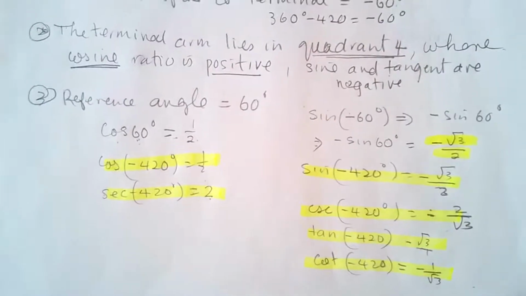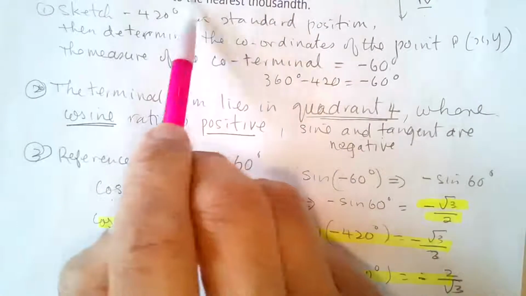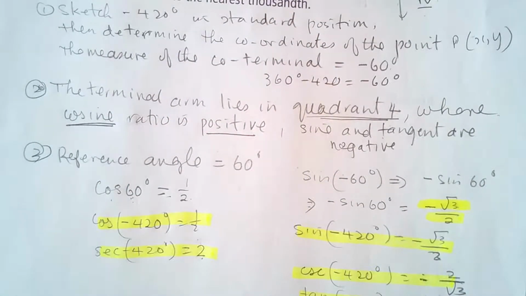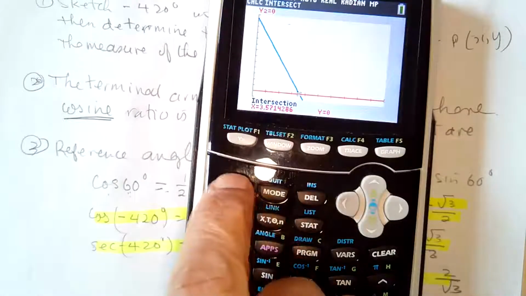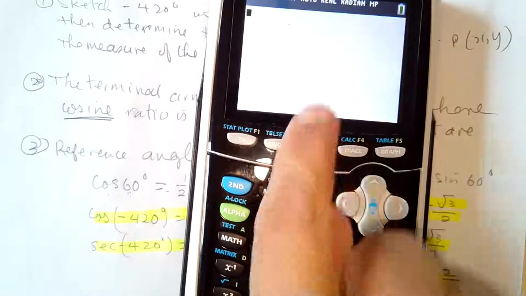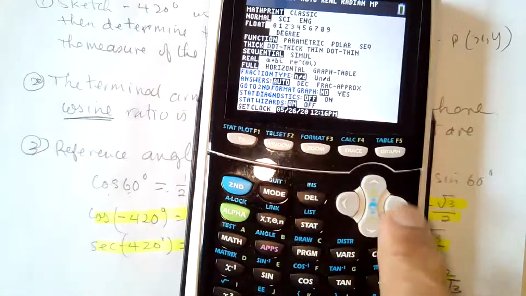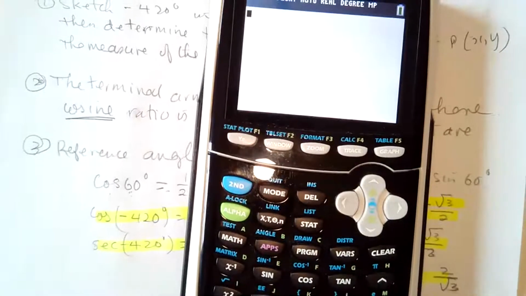Now, part B, determine the 6 values. You have to use a calculator for that part, and I won't go through that. I'll let you try that on your own. All we have to do is make sure your mode is in degrees. Let's check, make sure in degrees mode.